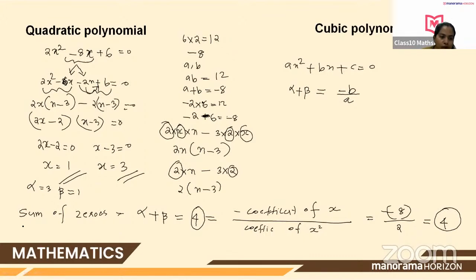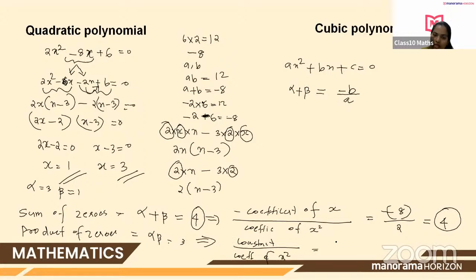Next is product of zeros. Product of zeros is equal to alpha beta. Here it is 3, and which is the constant divided by coefficient of x square.